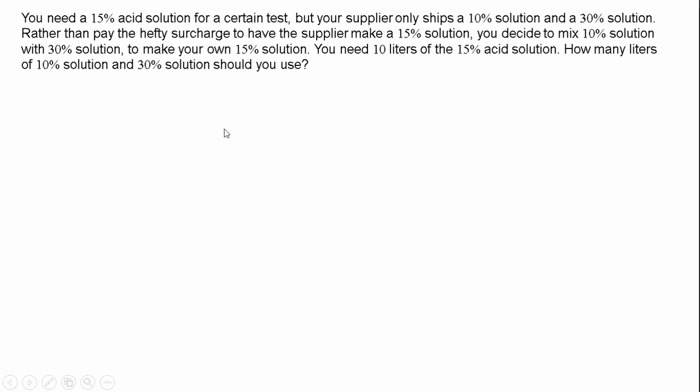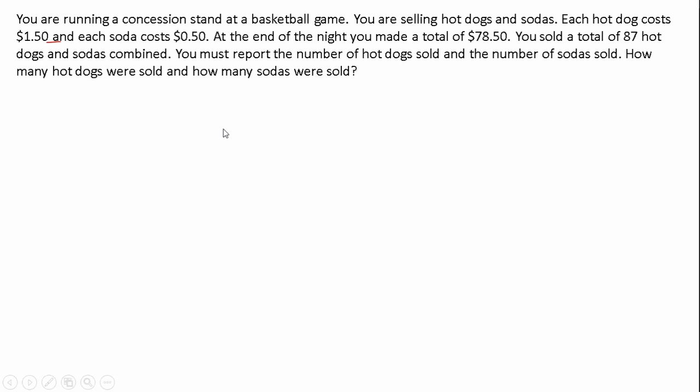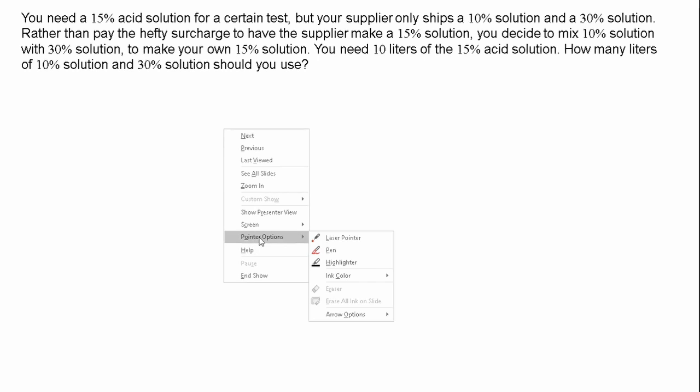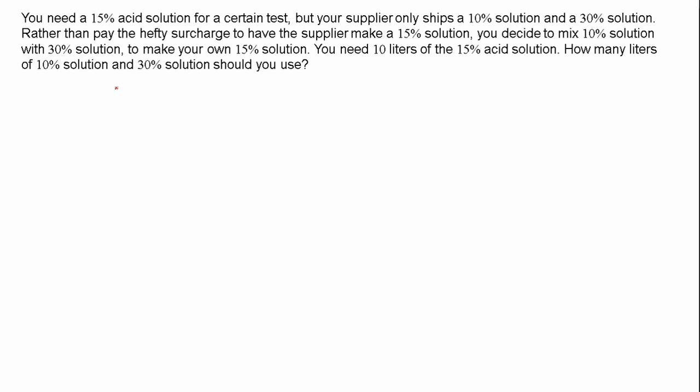Okay, so let me get my pen back. I'm going to call this 30% solution strong, S, and this 10% solution the weak solution. And the first thing I want to write down is this. The weak solution plus the strong solution is going to be equal to the 15% solution.